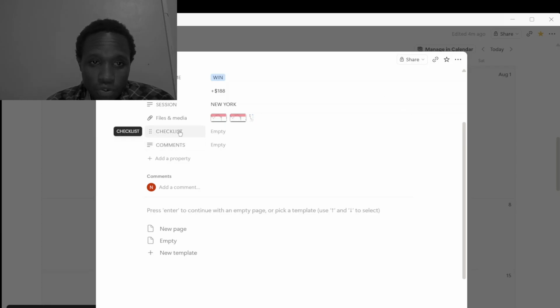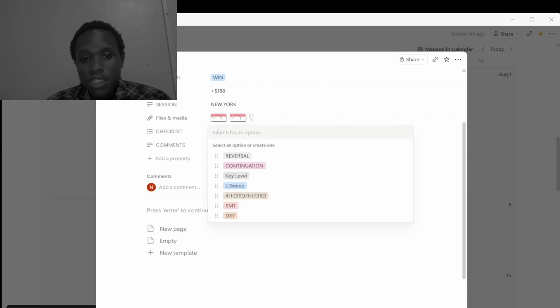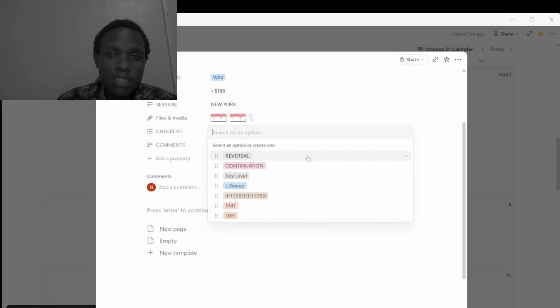So we come to the checklist, which is a very important part of my journal. For my checklist, I like to tick the things that I want to see before I enter a trade. I need to confirm it's either a reversal or a continuation.